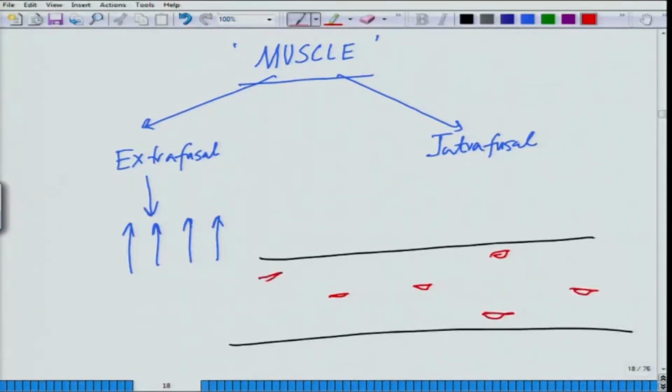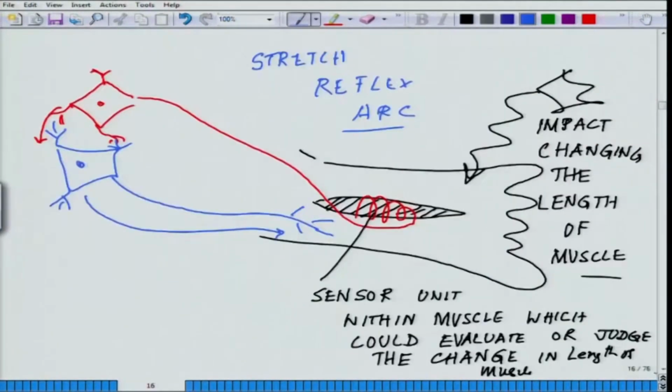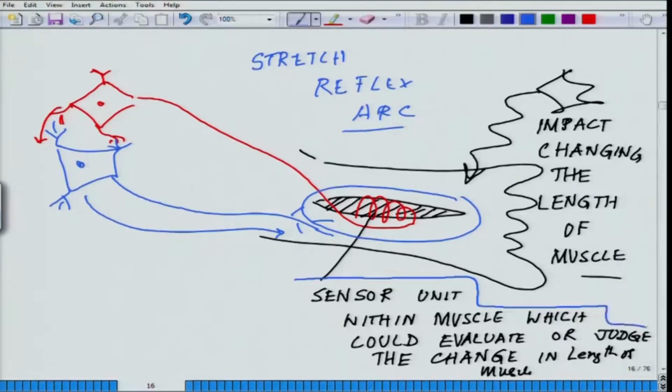These are called the intrafusal muscles. It is this one, the sensor unit within the muscle, which could evaluate or judge the change in length.